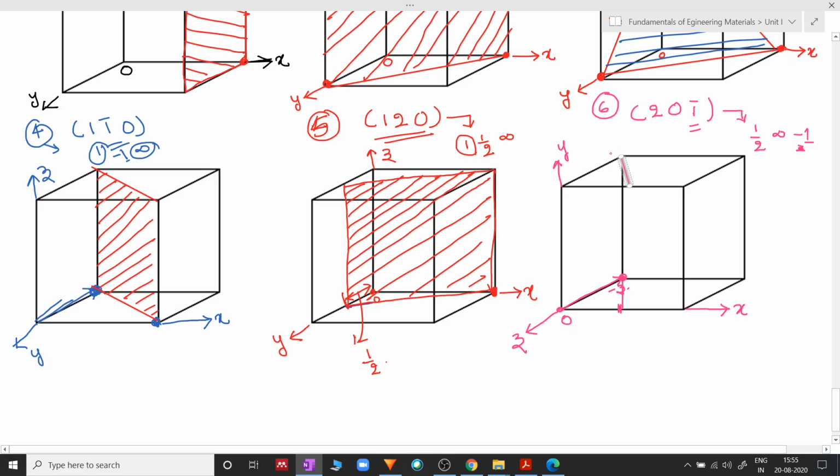Then it is visible. And then join these 2. This is off. This is okay. Then this is the plane. So this plane is 2 0 1 bar plane.